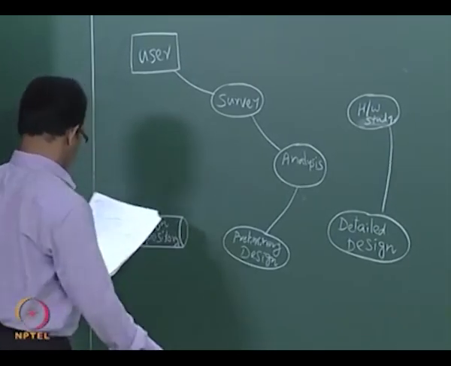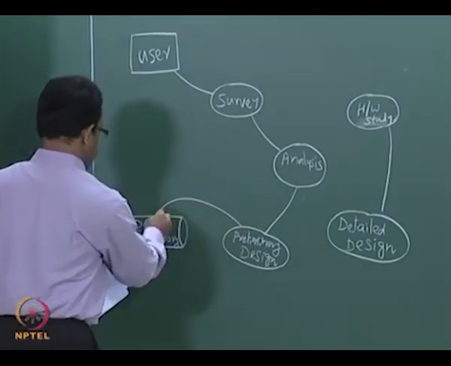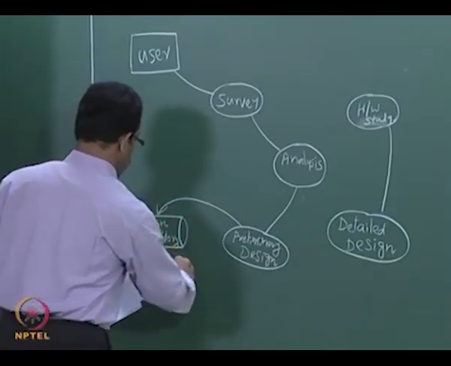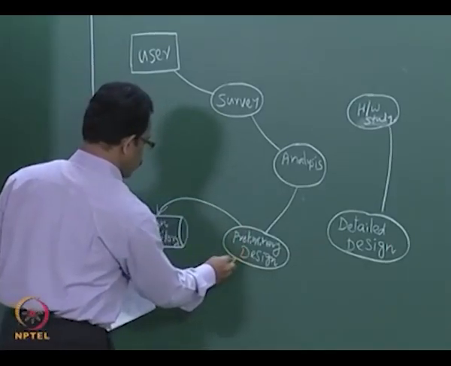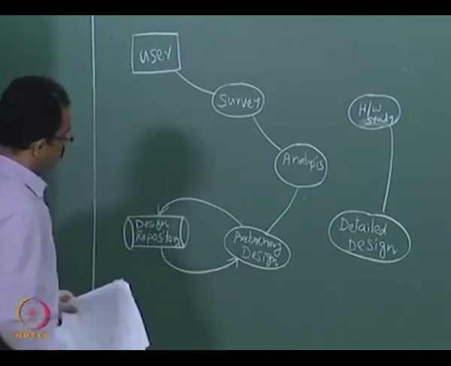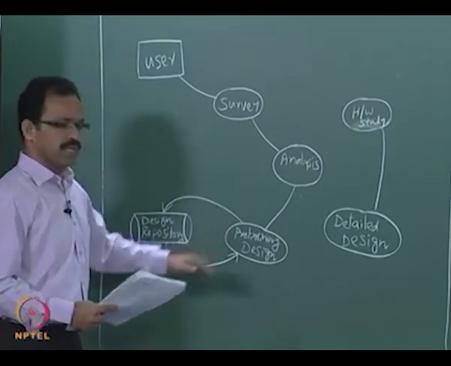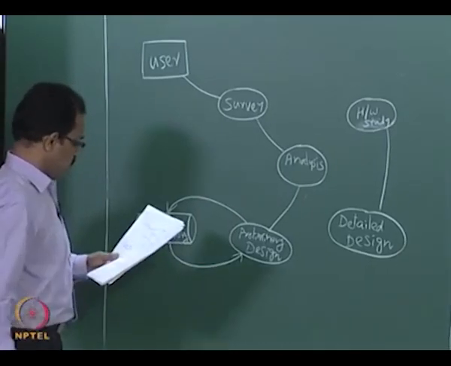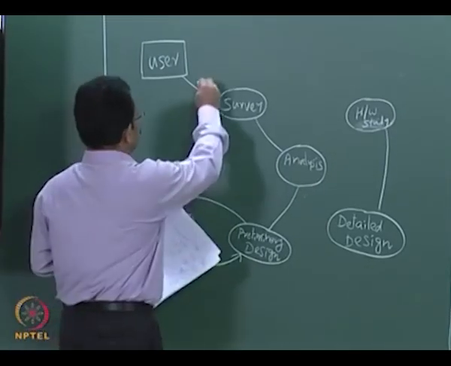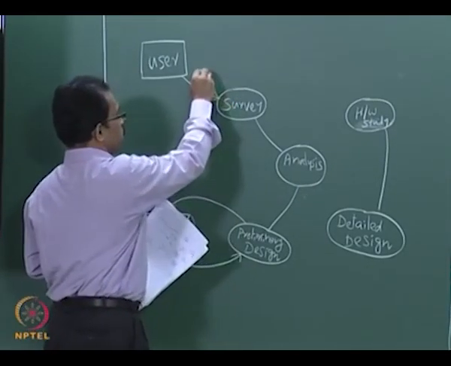There will be a data flow from here to here. Whenever you make a new design, that will go to the database. If you want to take some existing design, you will take it from the database and use it.